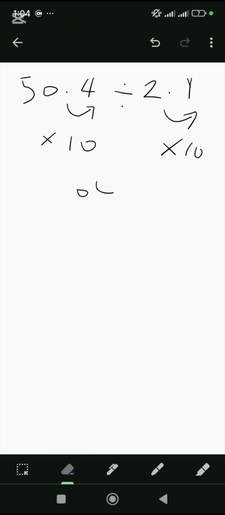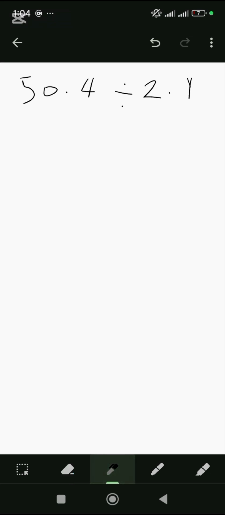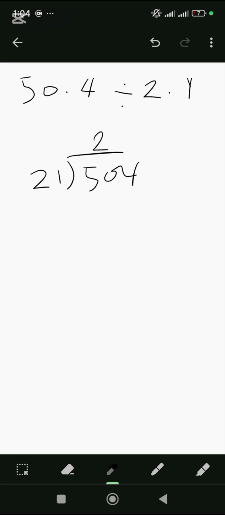Okay, and when we do that, we'll now have 504 and 21 instead of the point. We've taken off the point. How many 21s are in 50? That will be 2. You multiply this, will give you 42.